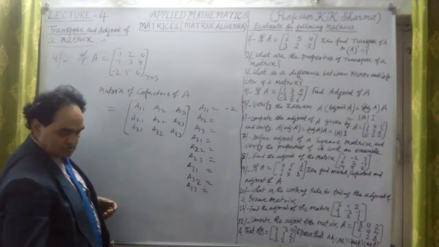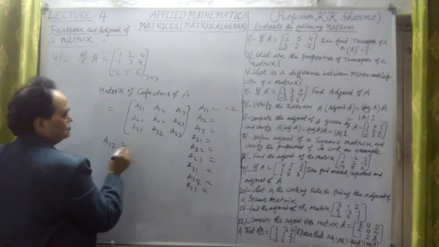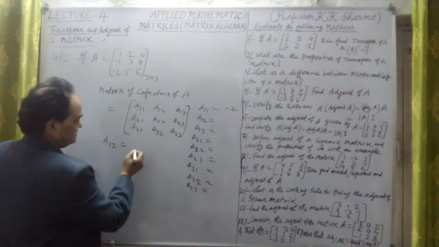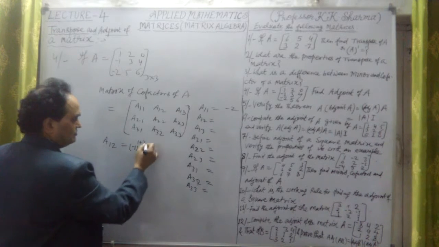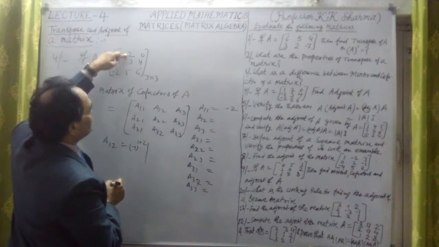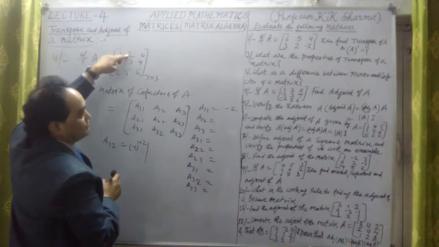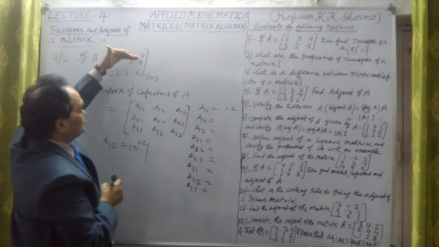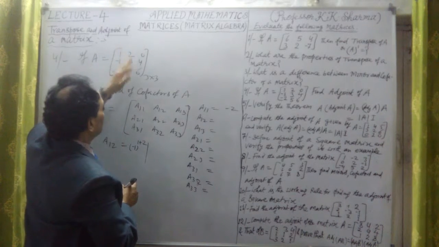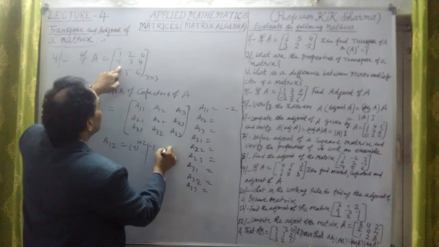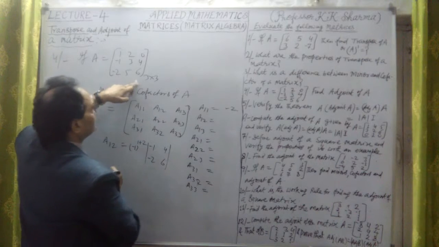Now let us take A12. A12 is equal to minus 1 raised to the power 1 plus 2. That means negative value. And the determinant value is of 2 by 2. A12 is 2 here. So the row and column of this element are left out, and what remains is minus 1, 4, minus 2 and 6.